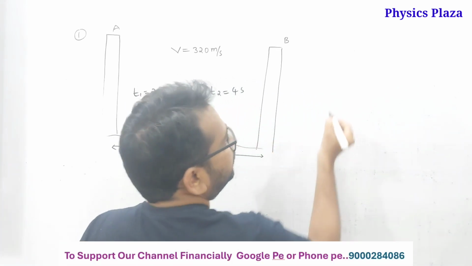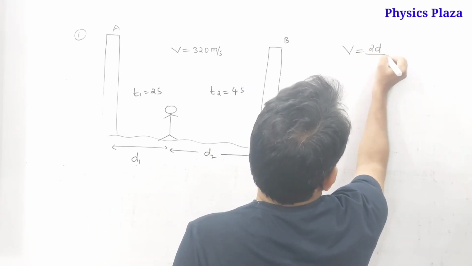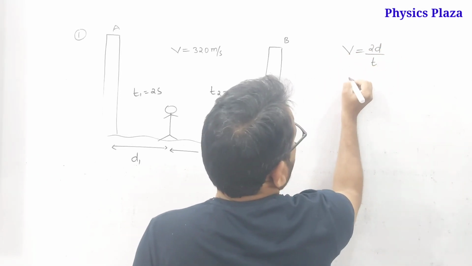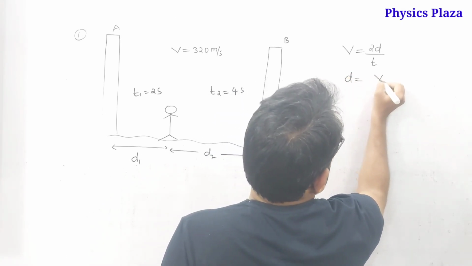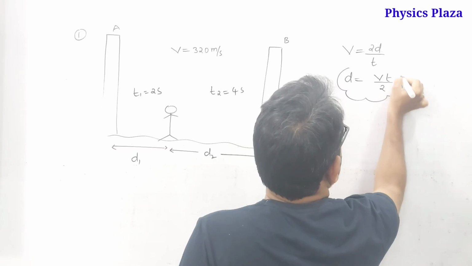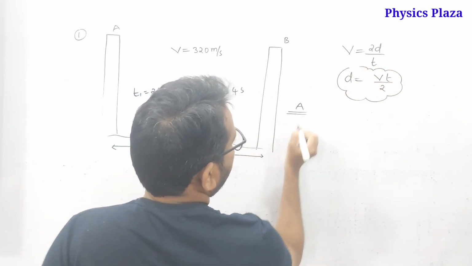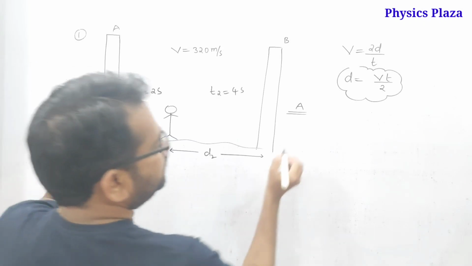Fine. For this, the main formula is V is equal to 2d by t. From this, let us make d is equal to Vt by 2. So this is the formula which we are going to use. Now first, let us apply it for cliff A. For cliff A, time is how much, children?